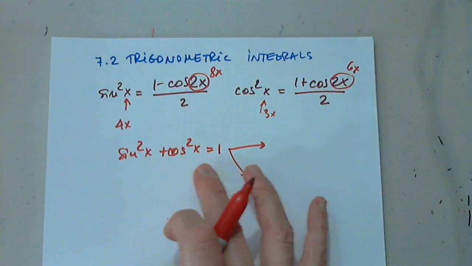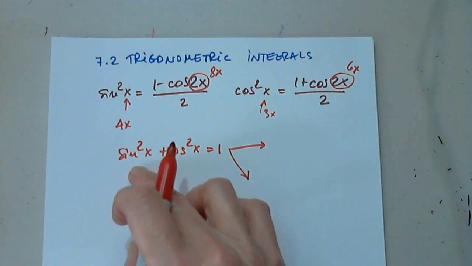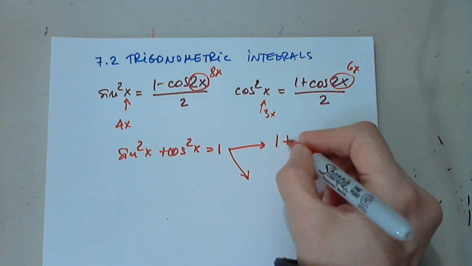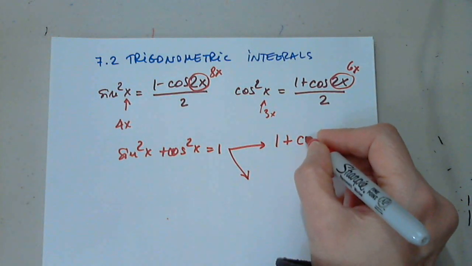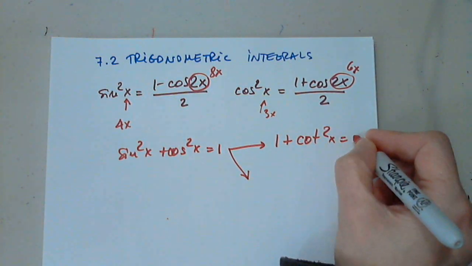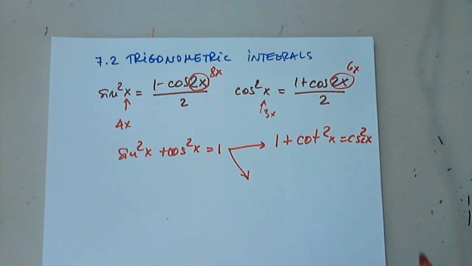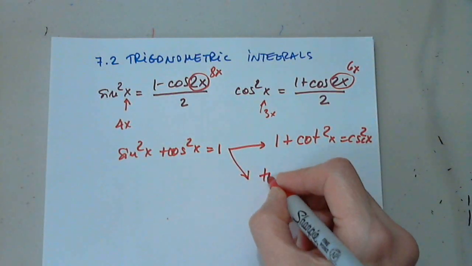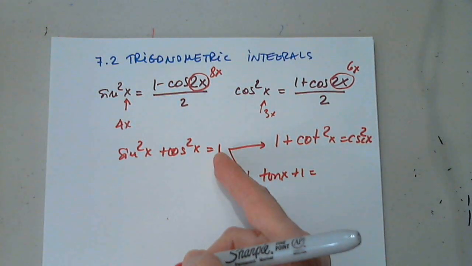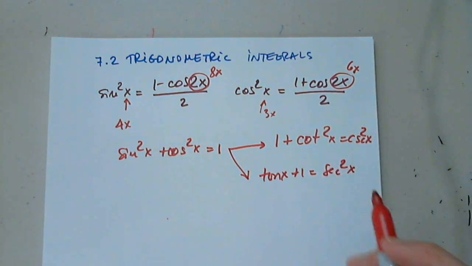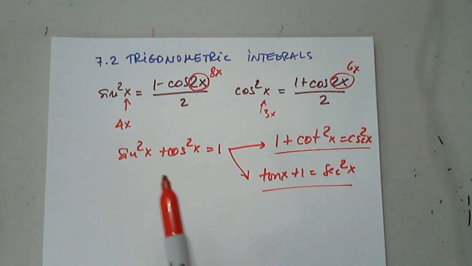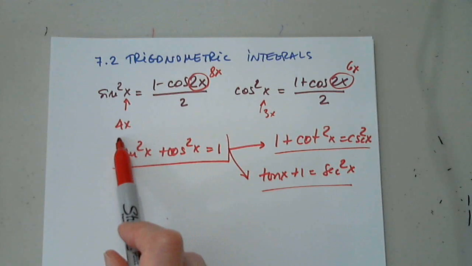If you divide both sides term by term by sine squared, you get 1 plus cotangent squared equals cosecant squared. If you divide both sides by cosine squared, then you get tangent squared plus 1 equals secant squared. So these two identities come from the main one.